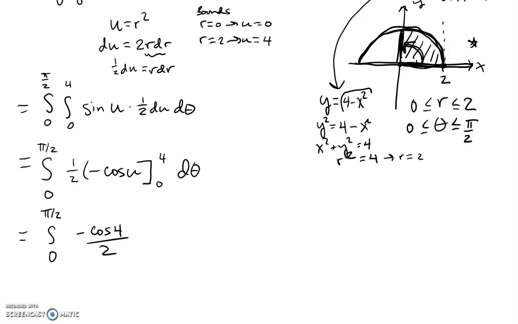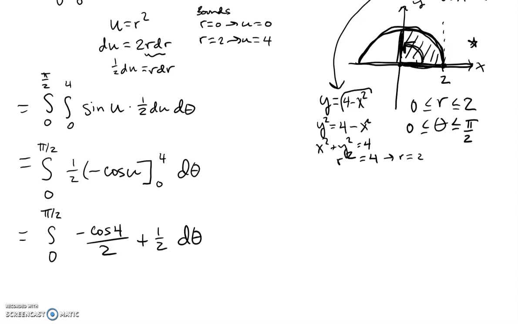So we'll just leave it as cosine of 4, which is fine, and just treat it like a constant because it is. And then we'll subtract, plugging in 0, so we'll subtract off negative 1/2 times cosine of 0, but cosine of 0 is 1. So we'll end up with a plus from the double negative, 1/2. And this is all d theta.